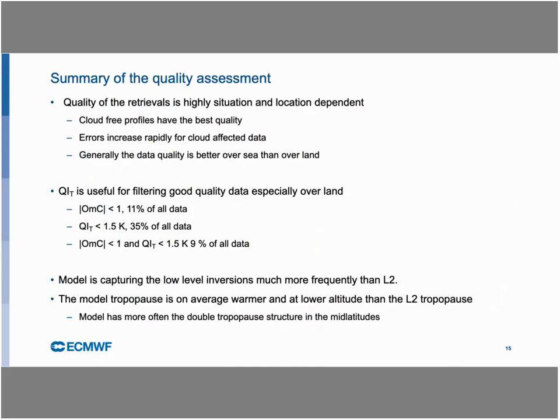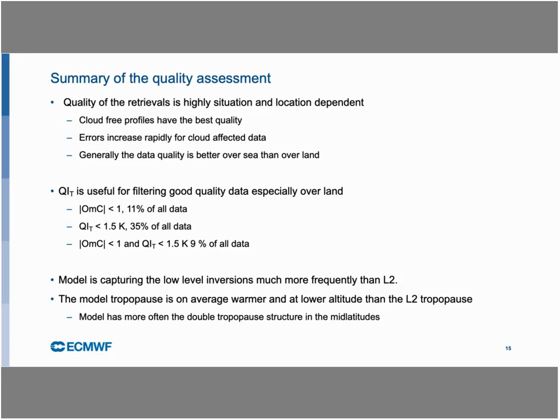If that would be used alone, we would have like 35% of all data, including cloud-affected scenes. But then when we use the quality indicator criteria on top of the cloud screening, we end up to slightly less than 10% of all data. And this was the data set they used first for the assimilation trials.